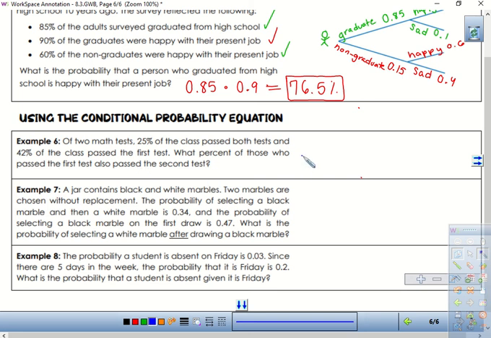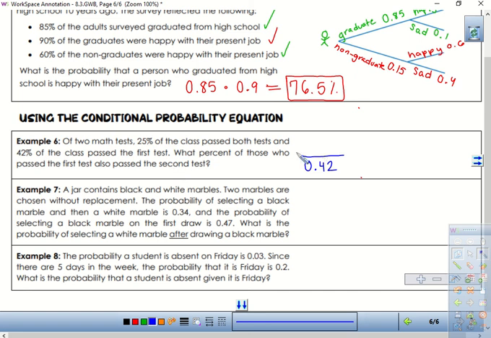So, basically, we're looking at a fraction here, and the total number of students that we're looking at are specifically students who have already passed the first test, right? So what decimal of students have already passed the first test? Good, 0.42. So we're looking at, of the students who have already passed the first test, we don't care about those who didn't pass. We're only looking at the ones who have, which is why that's our denominator. Now within that denominator, we have a certain amount of students who passed both tests, right?